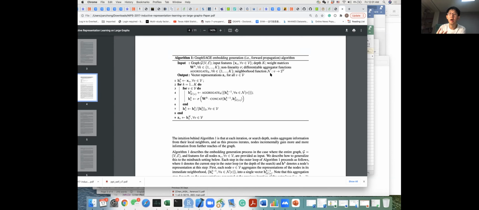You can simply sample, like we just use 5 samples to represent all its neighborhoods. We do not want to take the average of all its neighborhoods. We just use random sampling to sample 5 neighborhoods.